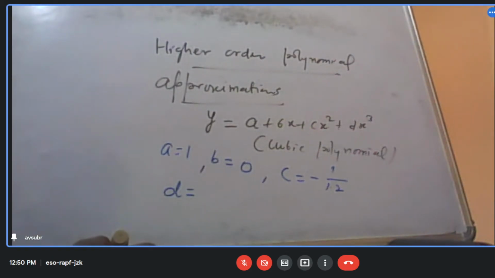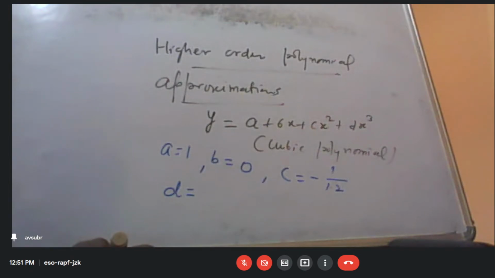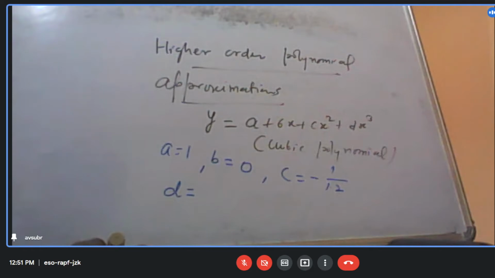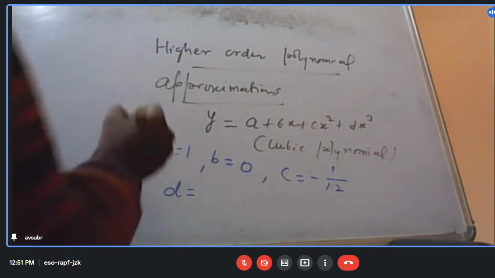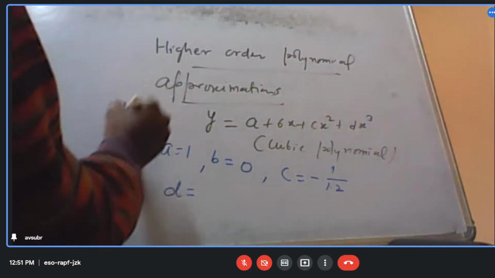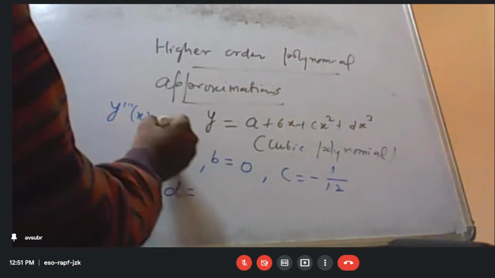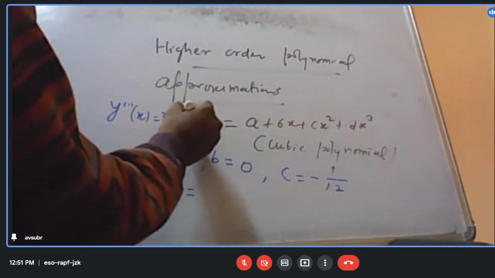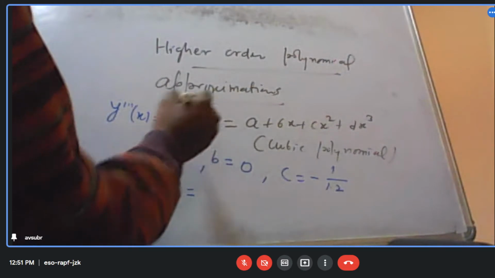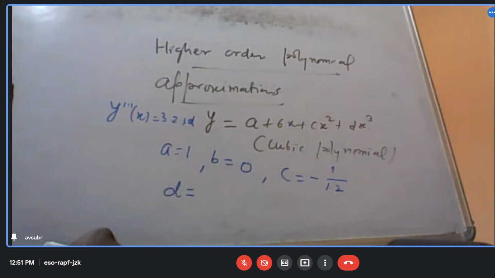No, no, no. It will be, what will be the third derivative of this one? 1 by 6, that is 3 into 2 into 1 into d. Can I write it down like this?